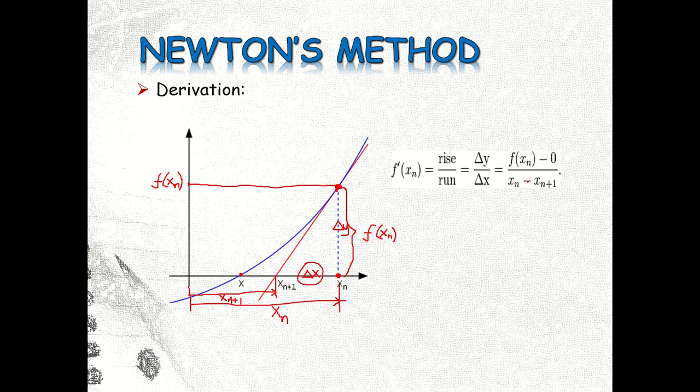So we have here the formula of our derivative. From this one, class, we can rewrite this as x sub n plus 1 equal to x sub n minus f of x sub n, because f of x sub n minus 0 is the same as this.